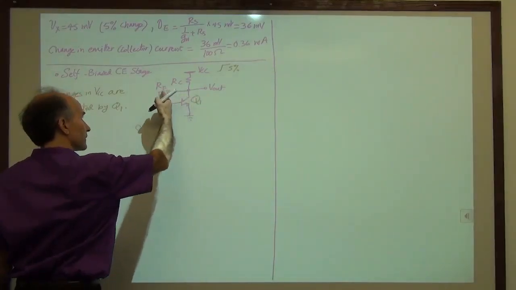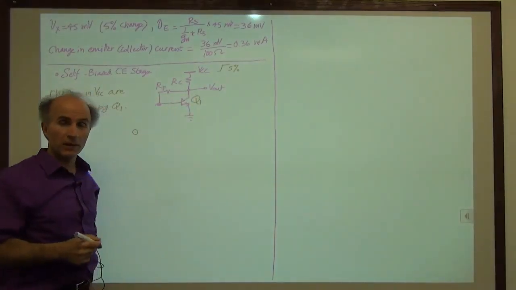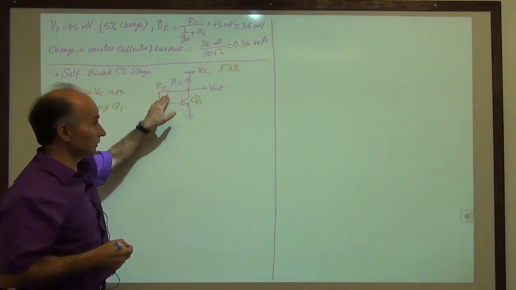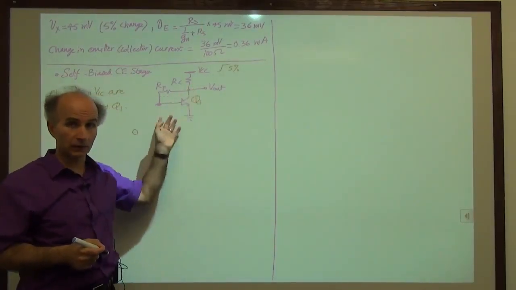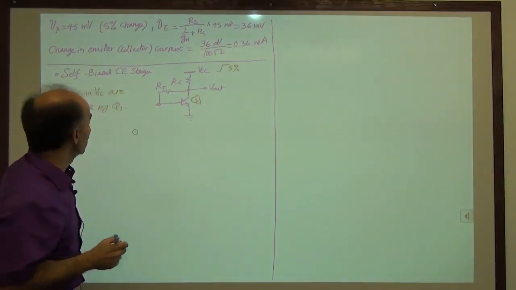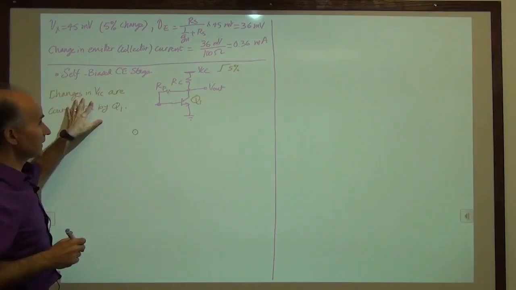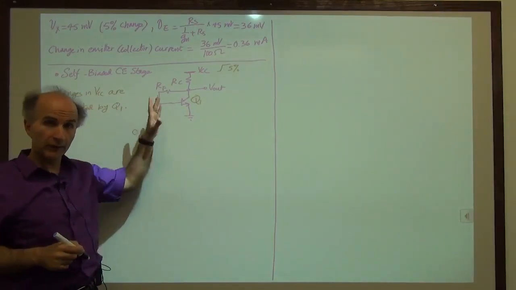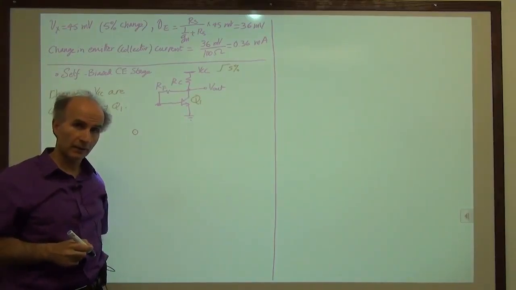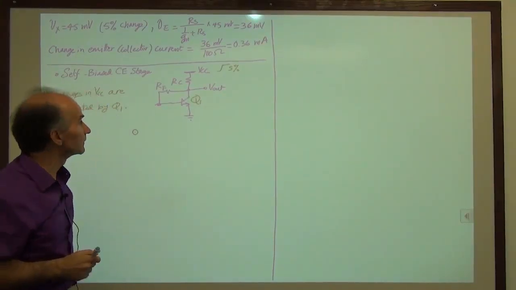And this is because we have this path here. Sometime in your future, you will learn about feedback, negative feedback, and this resistor actually creates negative feedback from the collector to the base. But for now, we don't worry about it here. All right, so that's an interesting observation. Qualitatively, we feel that this circuit also has a reasonable supply insensitivity.